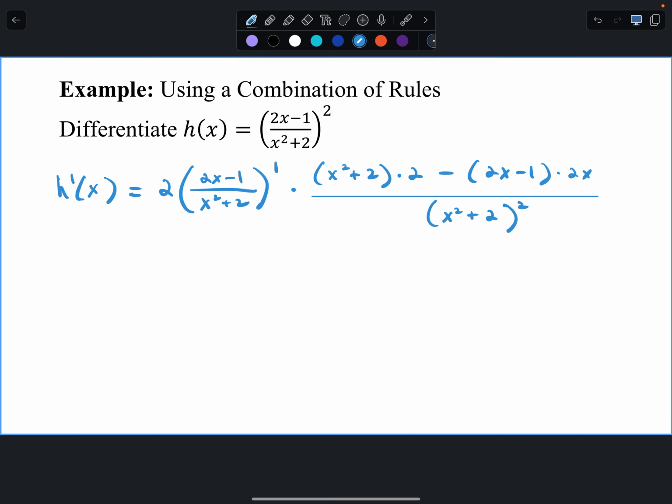If you leave this as is and just think chain rule, outside function, inside function, it works out quite nicely, and you don't have any negative exponents. I'm leaving it. You could simplify if you wanted to, but I don't see a reason to.